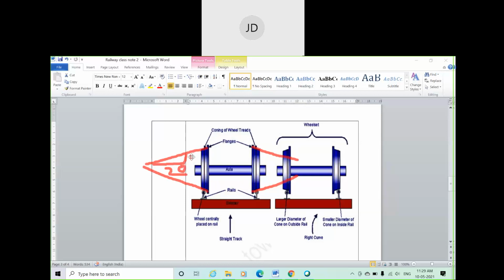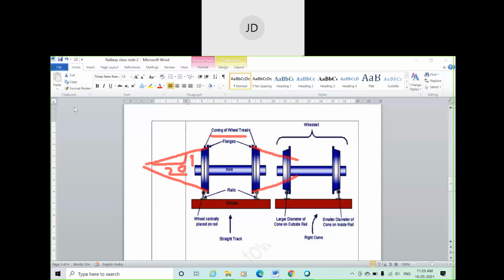What is the slope of this cone? 1 vertical in 20 horizontal. This making of the cone is called coning of wheel. Now why this coning of wheel is provided, we are going to discuss in this class.